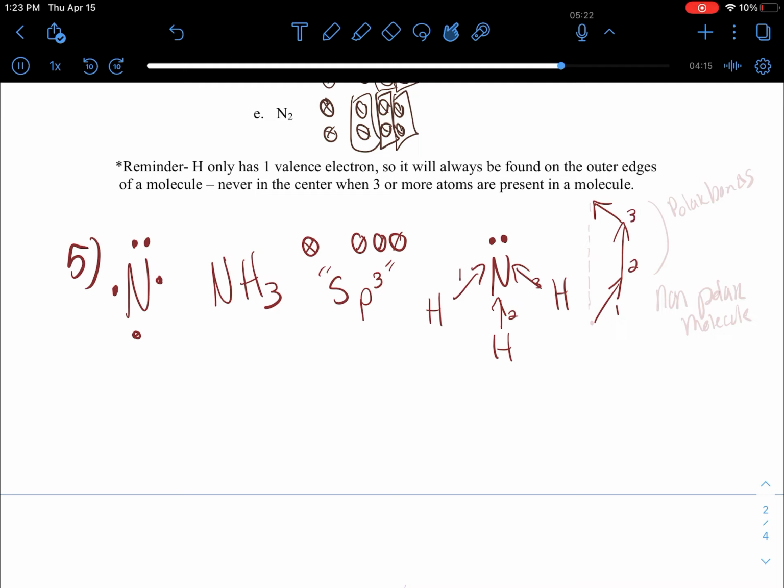You have to draw them how they are. So I drew that at that angle, I drew that at that angle, and I drew that at that angle. So these are all polar bonds, which is anything that's different. But then you have to figure out what the whole molecule is.